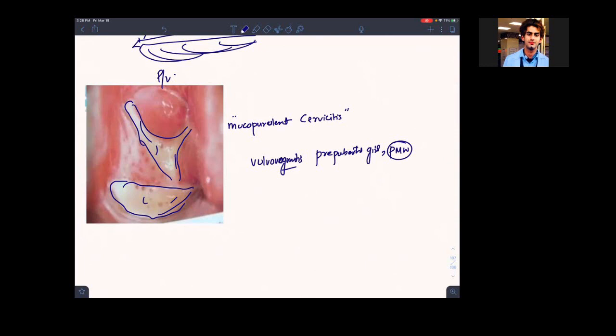So an adult female is mostly resistant to gonococcal infection because in her vagina the pH is acidic and does not allow the growth of bacteria, and the stratified squamous epithelium thickness is also very good. So vulvovaginitis you will think of in prepubertal girls and postmenopausal women.